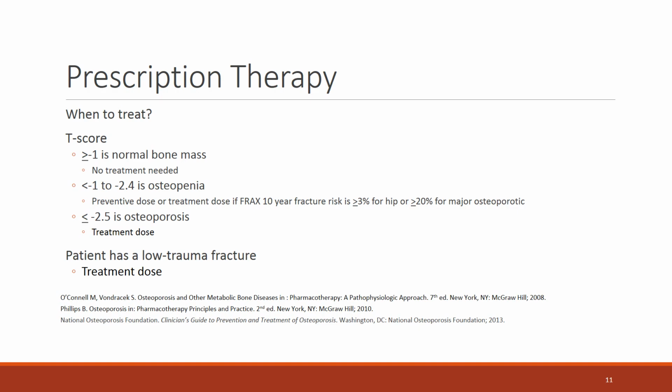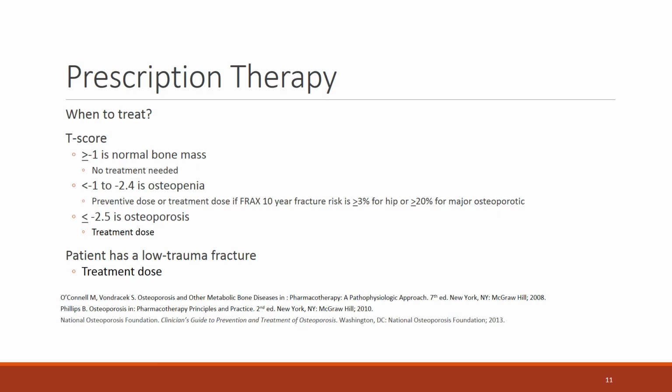And we typically may use a preventive dose of bisphosphonate, or if we've done the FRAX risk assessment, if they have a 10-year fracture risk more than 3% for hip or more than 20% for any major osteoporotic fracture, then you may also treat with the prescription therapy.